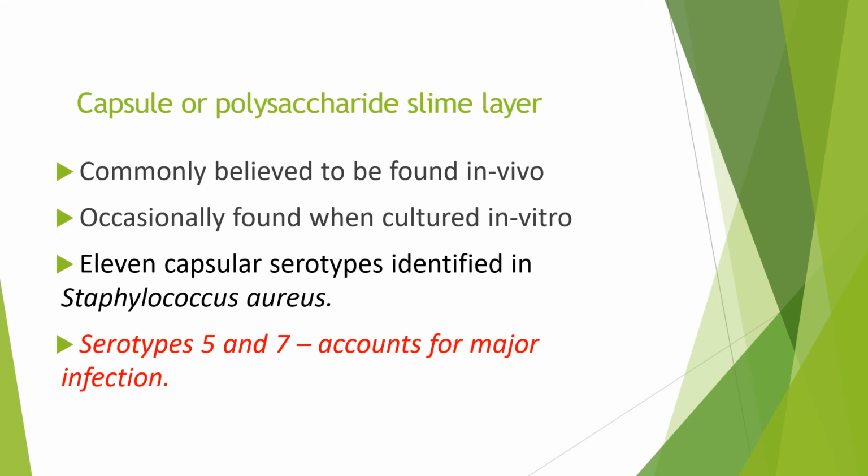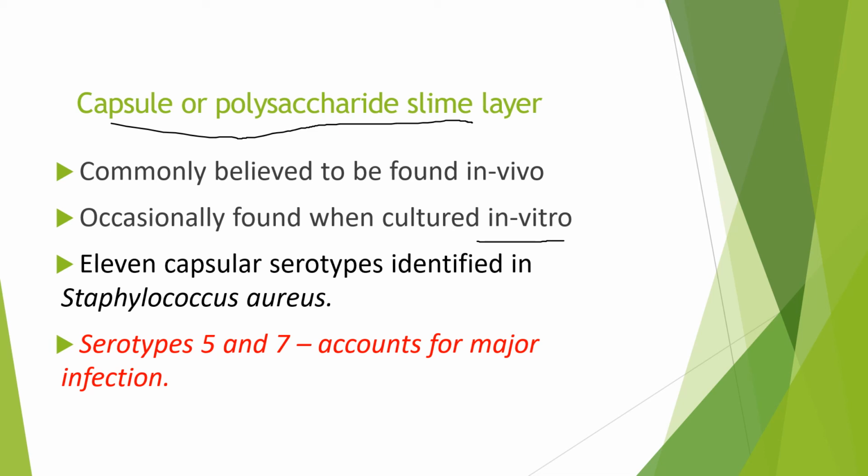Then capsule or polysaccharide or slime layers. These are commonly believed to be present in vivo, but occasionally found when cultured in vitro. In vitro means outside our body, in culture media or in experimental animals, etc. Slime layer is a semi solid layer seen outside the cell wall, and capsule is a strong rigid covering seen above the cell wall.